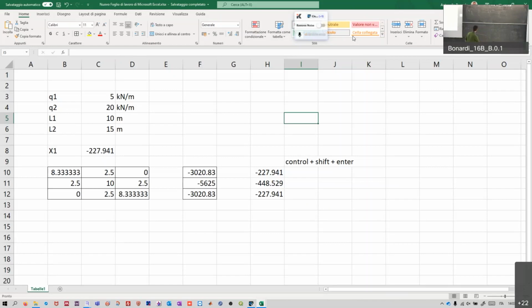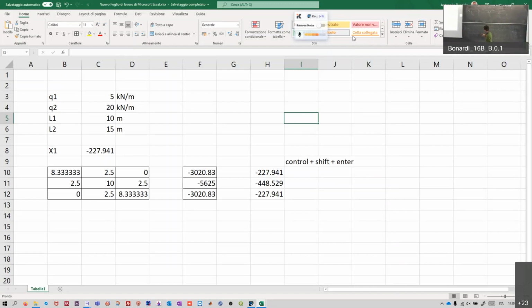So the result will be a diagram like this, where this value is equal to VA, this value is equal to VA minus Q1 times L1. Then we have VA minus Q1 times L1 plus VC, that is this shear force, what I told you before. If we look at what happens on the left-hand side and on the right-hand side in the node C, we have a discontinuity. Okay?